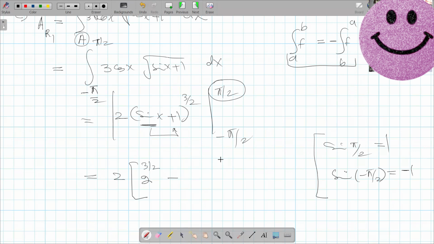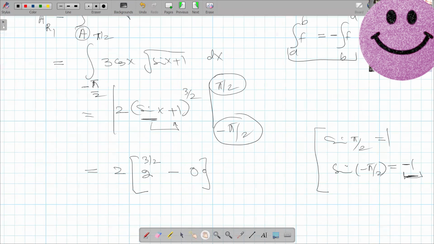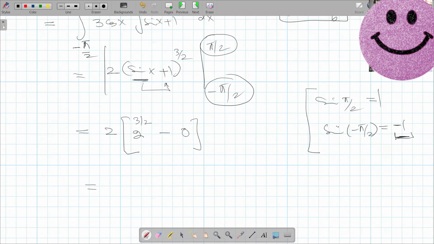And what if we put negative pi by 2? It just cancels, because it's 2 times 0, so it will become 0. Fine. So 2 raised to power 3 over 2 can be written as 2 square root 2.